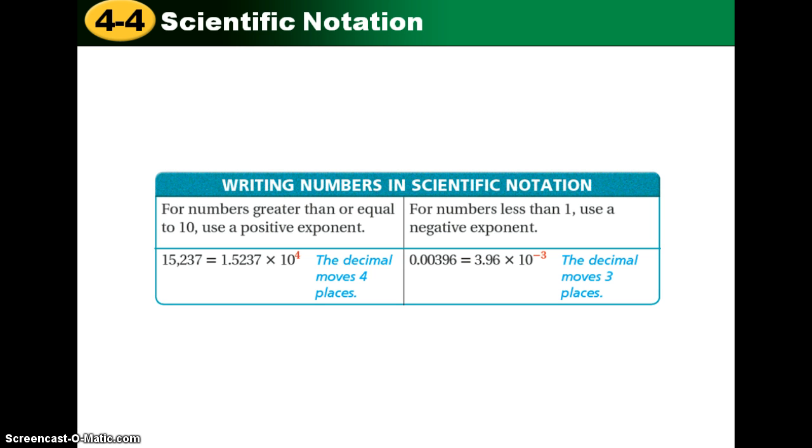Let's work the other way. Let's write these numbers in scientific notation. For numbers greater than or equal to 10, use a positive exponent. For numbers less than 1, use a negative exponent. So just like when we were moving into standard notation, when we had a positive exponent, we ended up with a whole number. When we had a negative exponent, we ended up with a decimal.